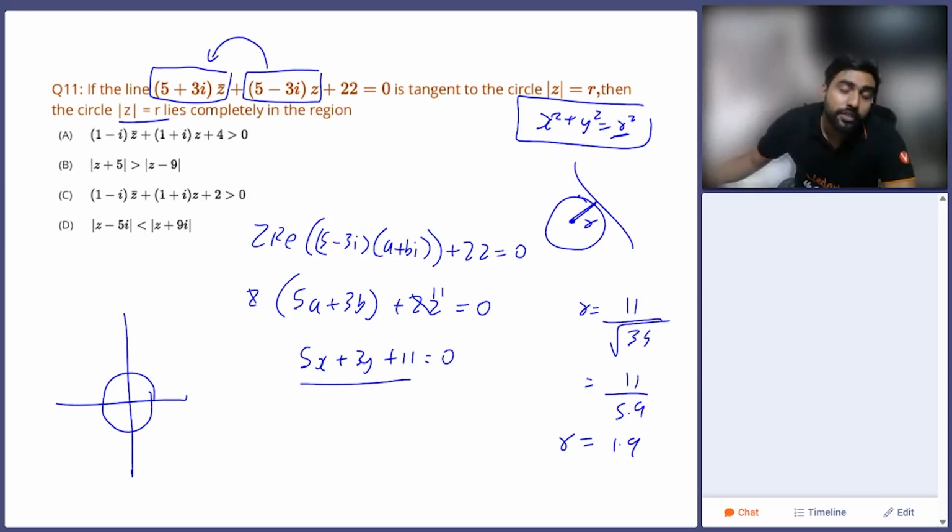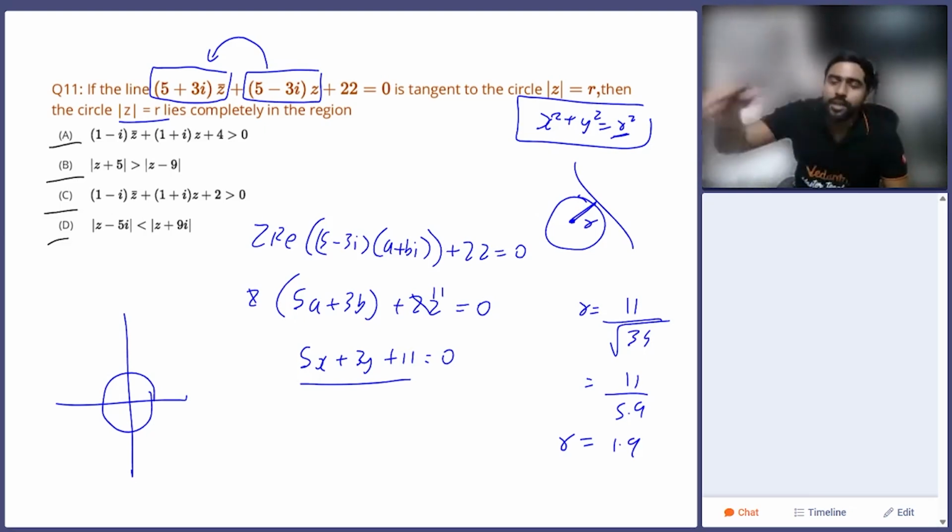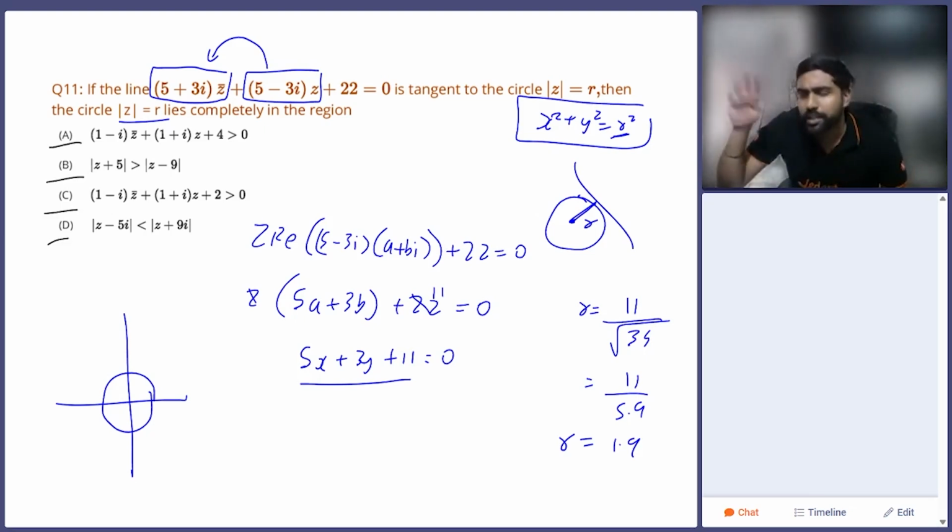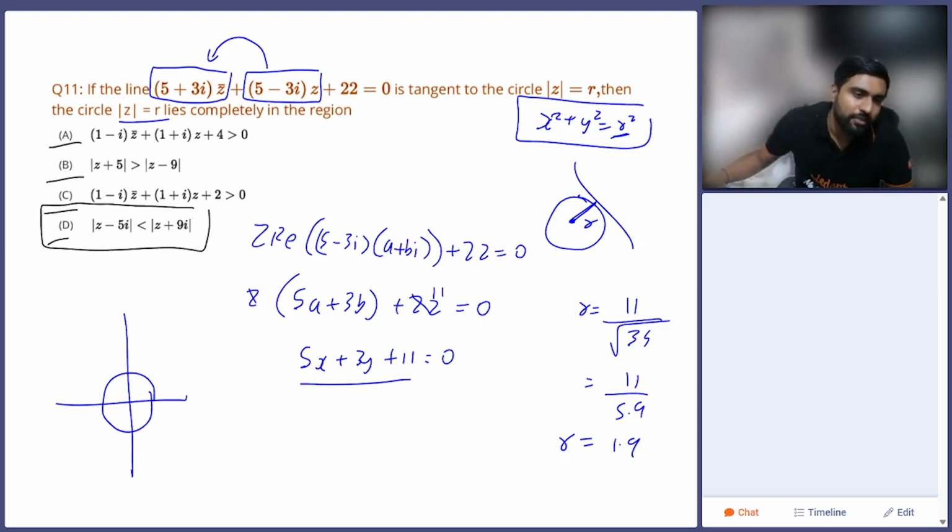And we need to check which of the following options completely covers the entire region x square plus y square equal to the whole square of 11 by root 34. Now amongst these, if you look at option D, I'm tempted by this 5 iota and 9 iota. I can sense that this is going to be a simple distance concept.